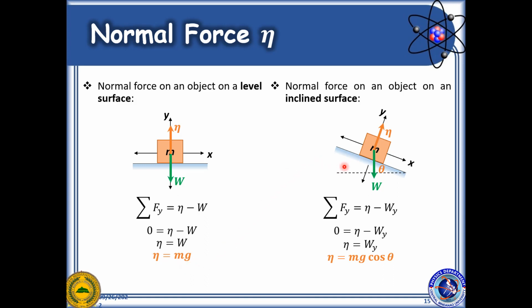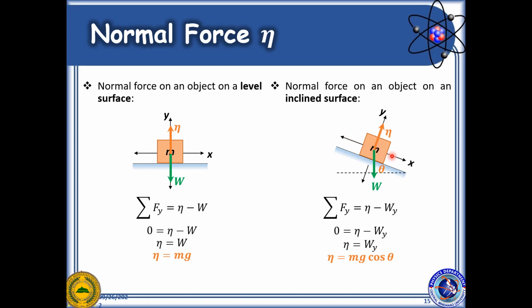Now, if you have an inclined surface, the normal force is always perpendicular to the surface. As you can see, the normal force is this one. And your gravitational force is always southward, regardless of the orientation of the surface. So we have here the free body diagram.